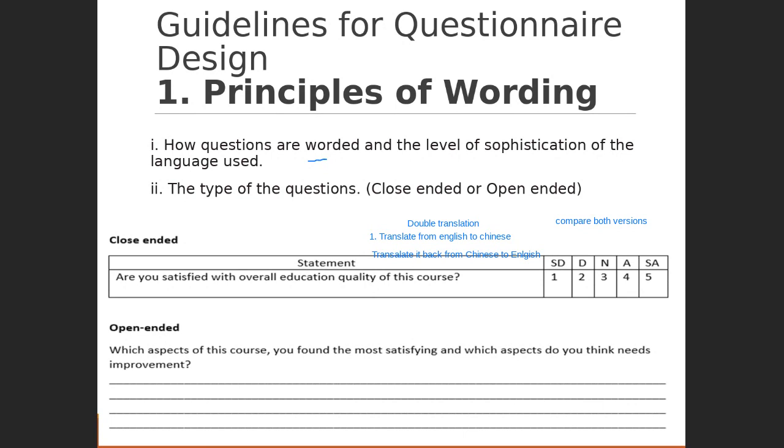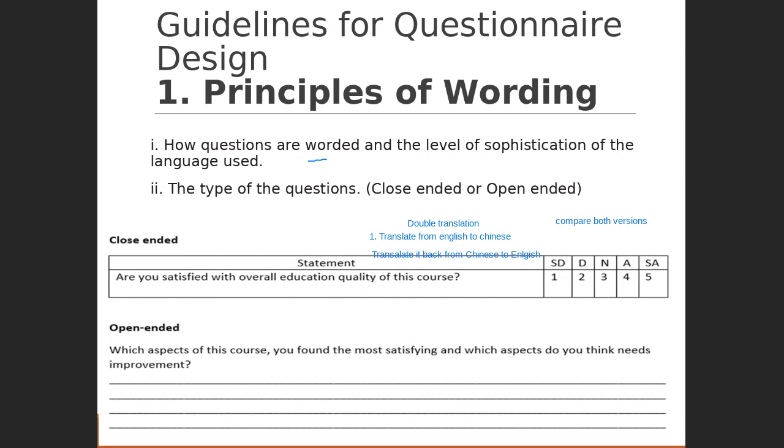There are some words which cannot be translated exactly into the Chinese language. So you need to see that the translated version is as close to the actual version as possible. You need to ensure that both versions convey the same meaning.